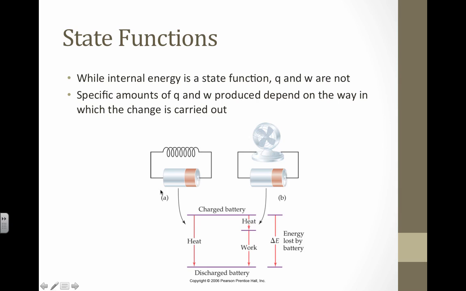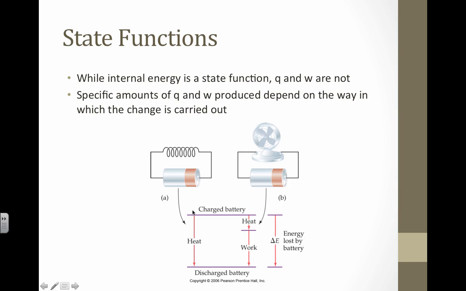In this particular example, if we have a heating coil and the battery powers the heating of this coil, here it's all Q, or all heat. Whereas if we have the same exact battery system and we're powering a fan instead of a heat coil, now even though the delta E is the same, the energy lost by the battery is the same, the Q and the W will not be the same as in condition A.